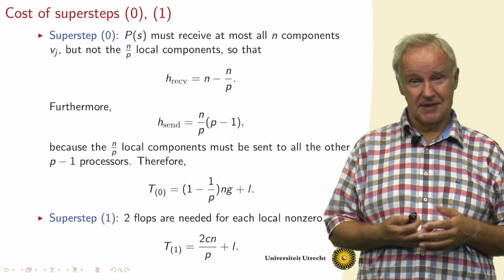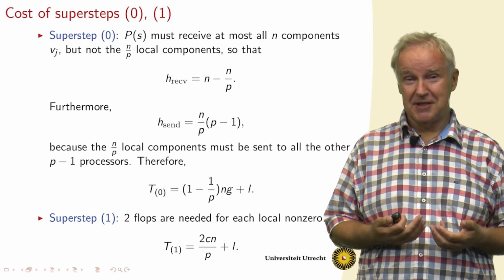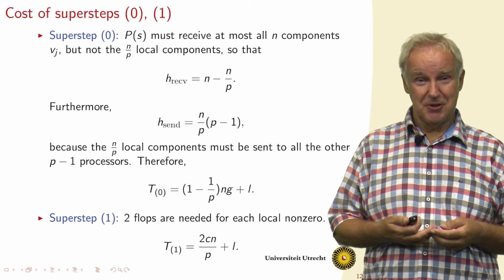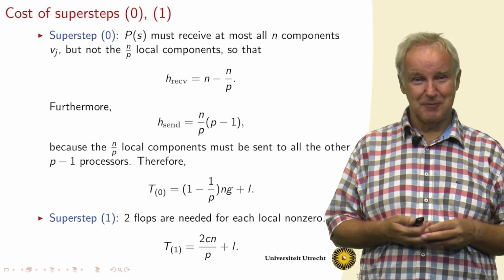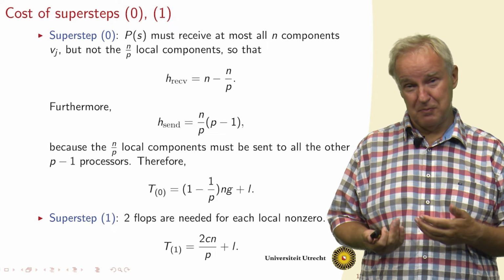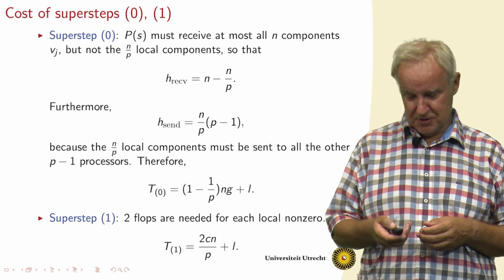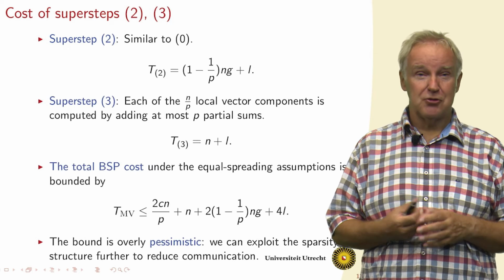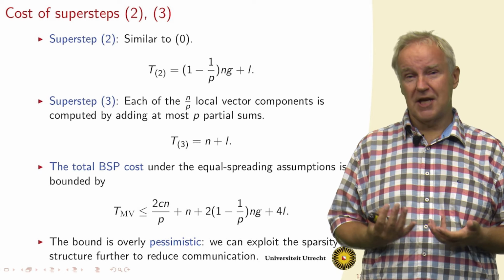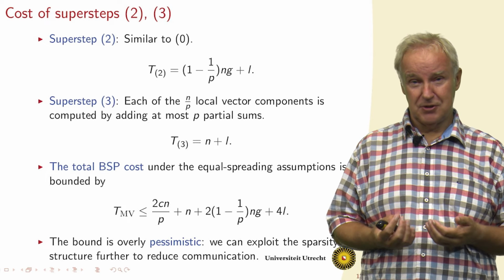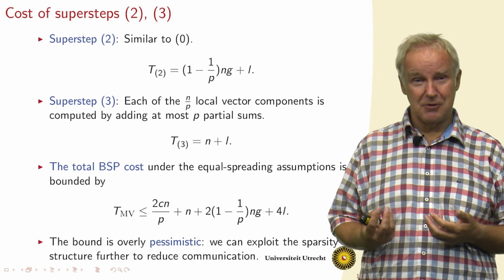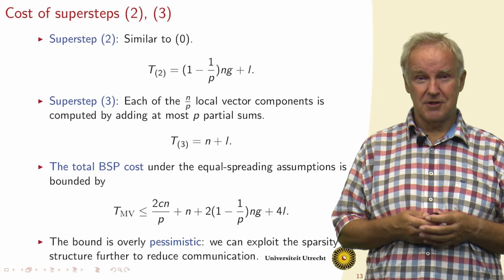Superstep 1, that's an easy one because we made an equal spreading assumption. So this is perfect. We have 2 flops per non-zero, so 2Cn divided by p plus the L for the superstep. Superstep 2 just looks like superstep 0, so the fan-in looks like the fan-out and has the same cost.